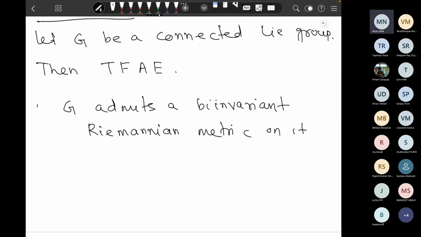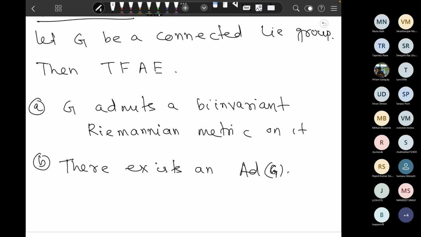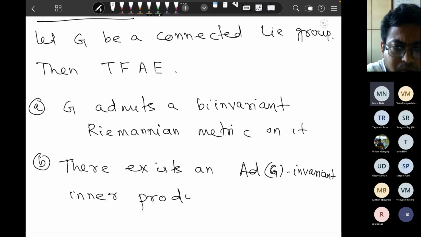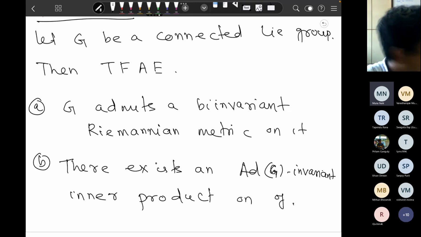B: there exists an Ad(G)-invariant inner product on the Lie algebra of G. Look at the statement very carefully. G is a connected Lie group. Then the following are equivalent: G admits a bi-invariant Riemannian metric is equivalent to the fact that there exists an Ad(G)-invariant inner product on the Lie algebra. So let us prove this.